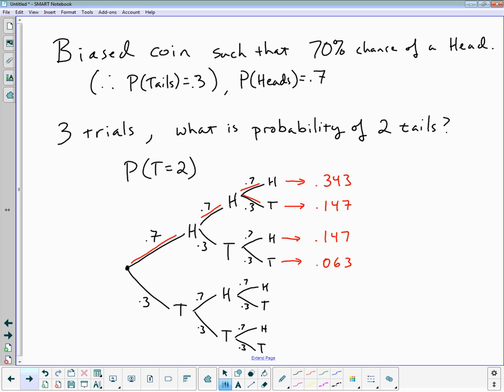Two 7s and a 3 gives me 0.147. Two 3s and a 7 gives me 0.063. And the last is 0.027. Pretty sure I got all that.